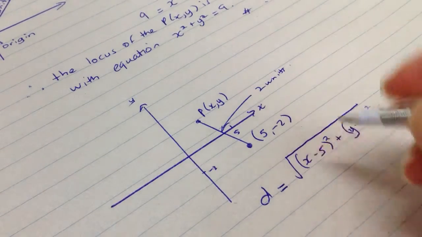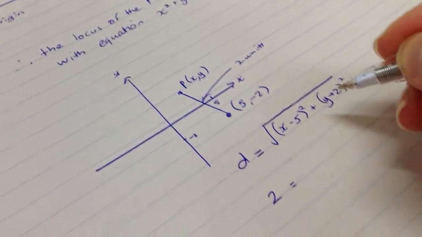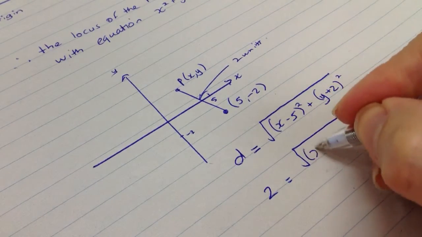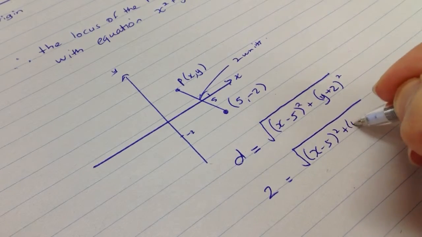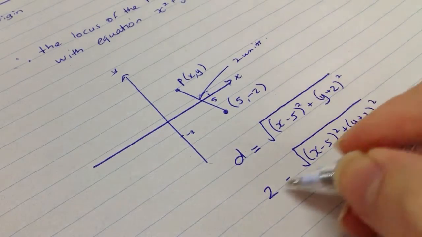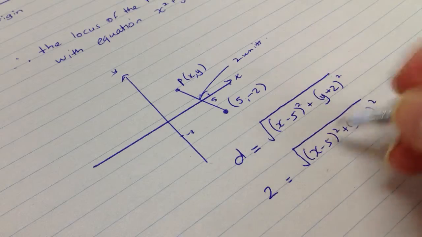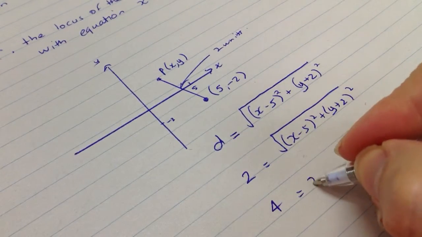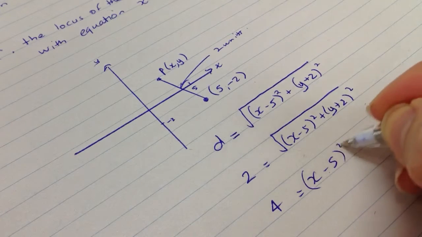The distance they tell you is 2, so let's write that down. And then we just square both sides so that we get rid of that square root sign. If you square 2, you're going to get 4, and you just end up with what's underneath the square root sign here.